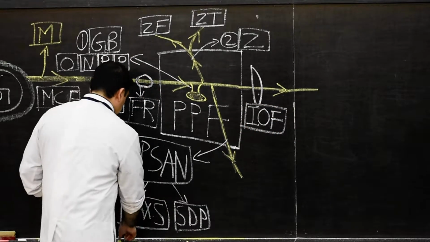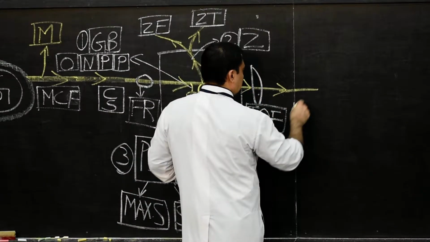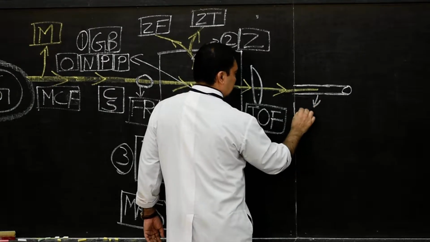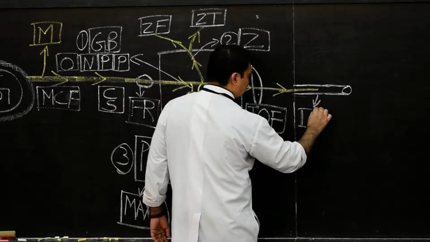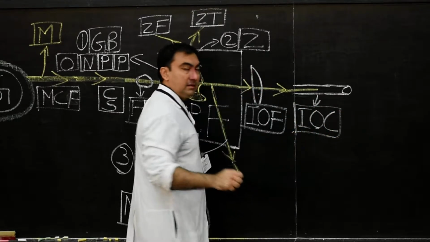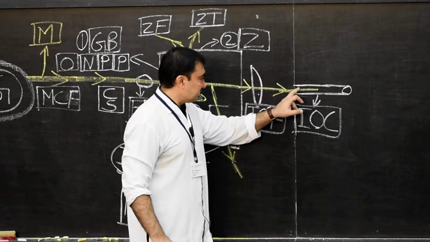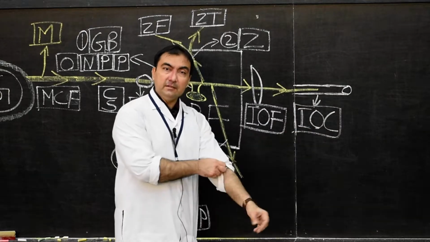As it passes through the inferior orbital fissure, it will enter the infraorbital canal. Please mark the difference: inferior orbital fissure, and this is the infraorbital groove and infraorbital canal.